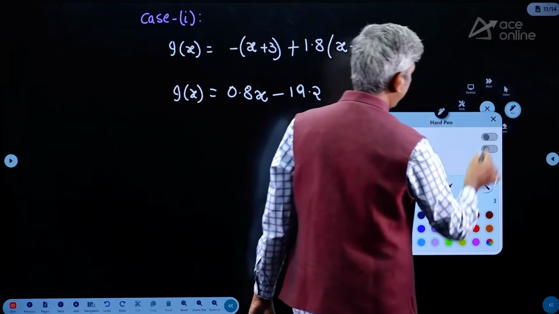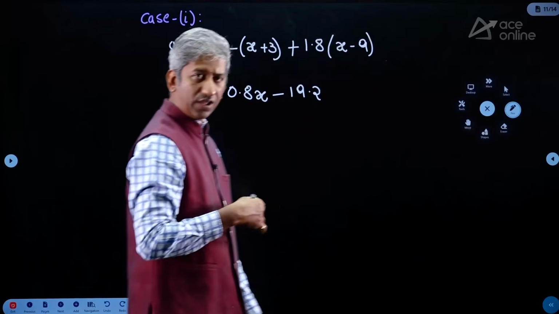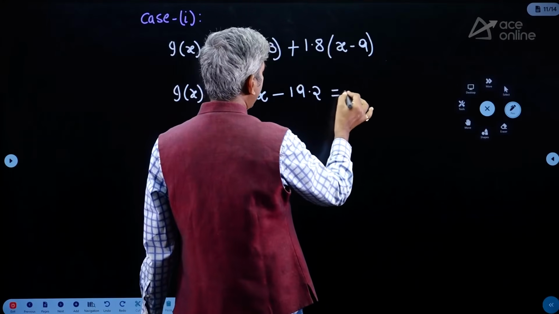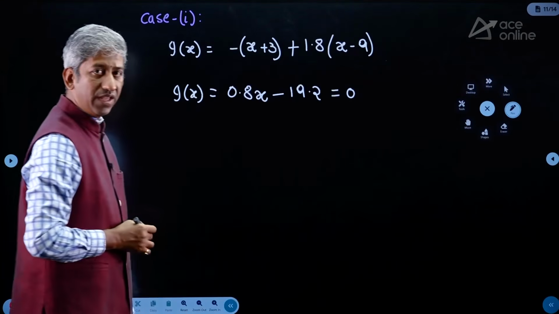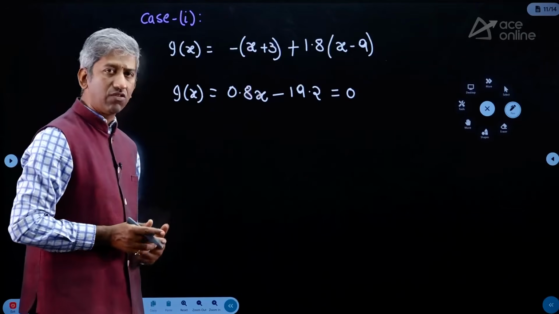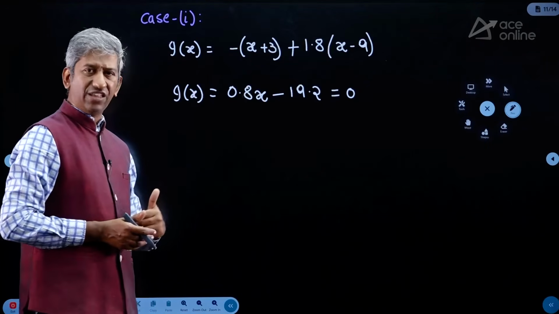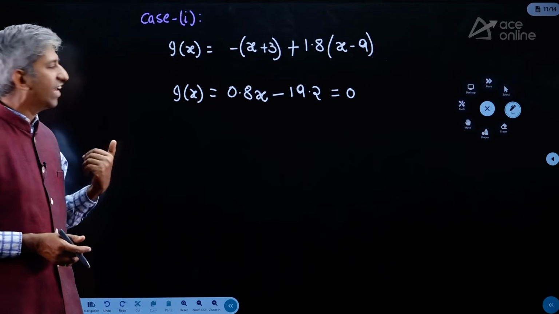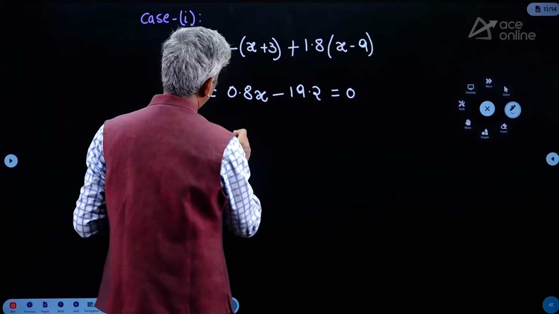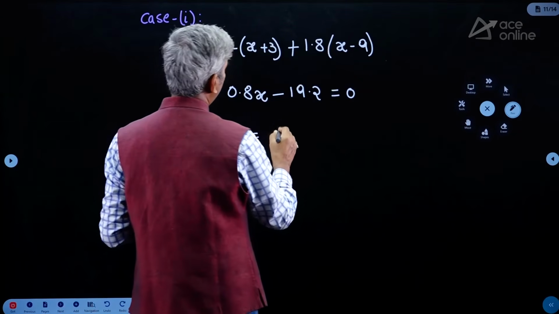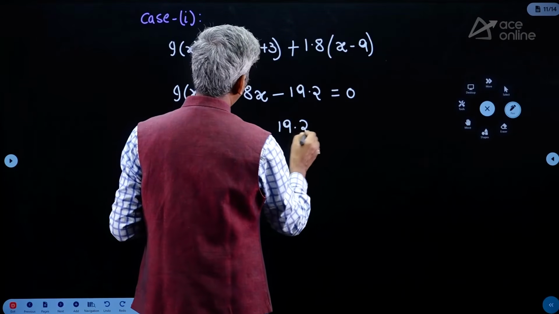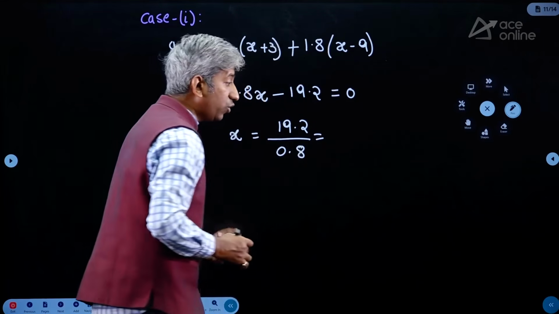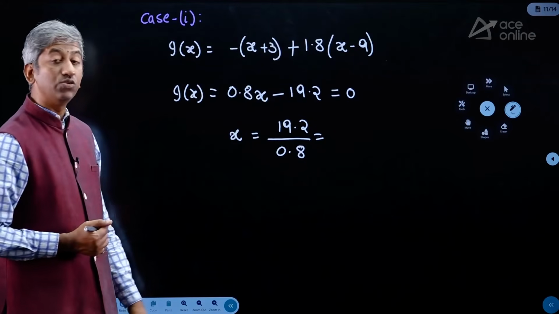Always the boundary or the threshold value associated with this case would be given by making g of x equal to 0. If I make this g of x equal to 0, then the obtained x value should be less than minus 3. That should be less than a. So, let us calculate that x. X is equal to 19.2 divided by 0.8. That value is becoming 24.